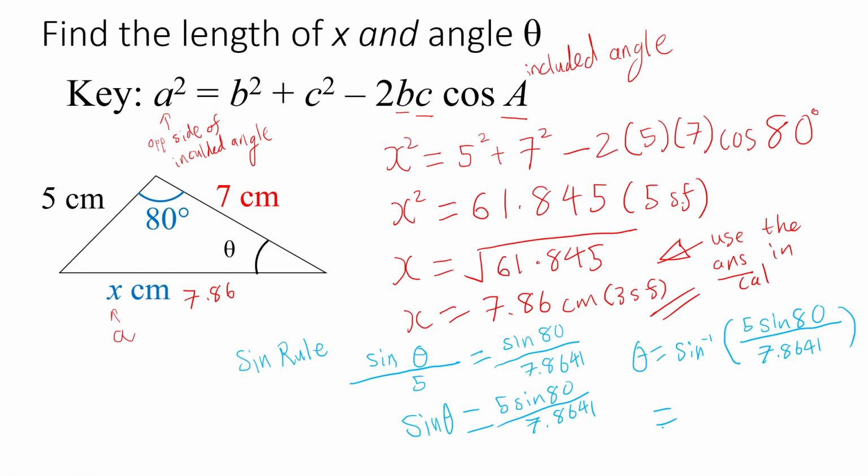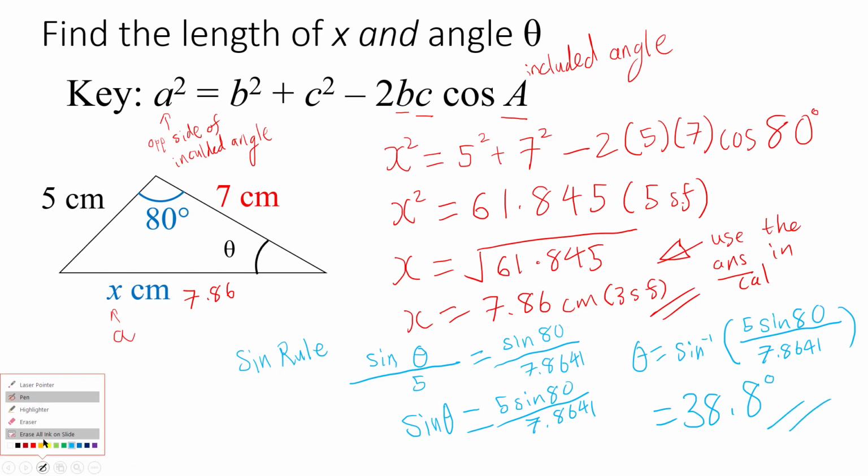So 5 times sine 80 divided by 7.8641 is equals to this. Then you inverse sine and you will get 38.8. This is degree. So this will be your answer.